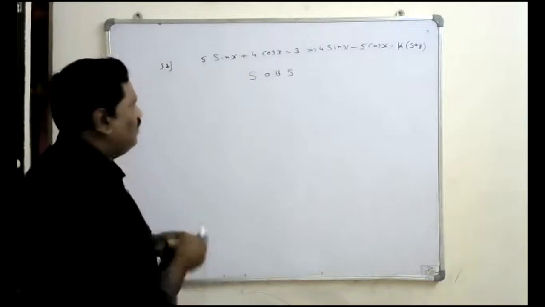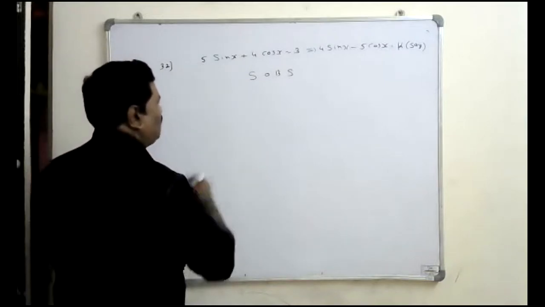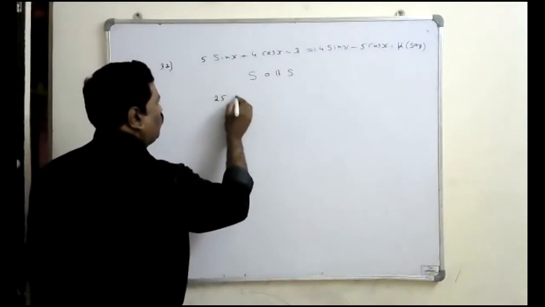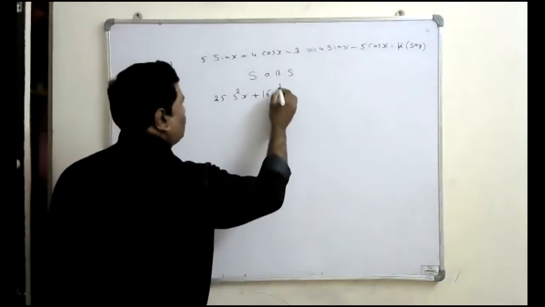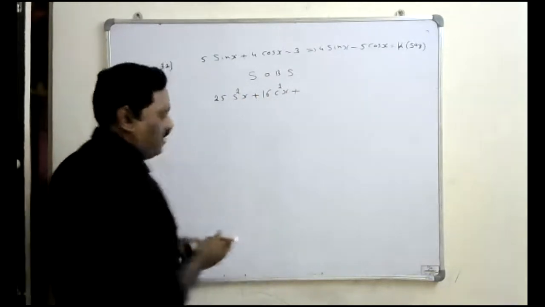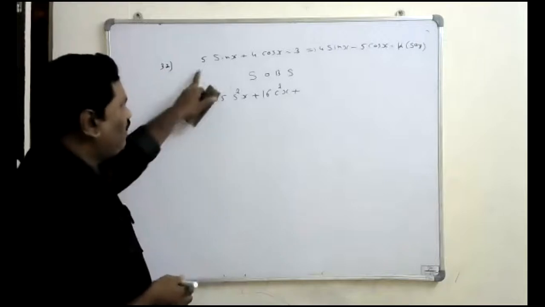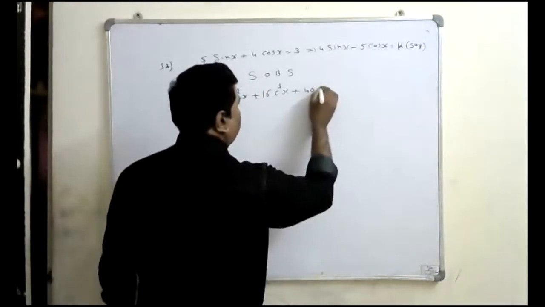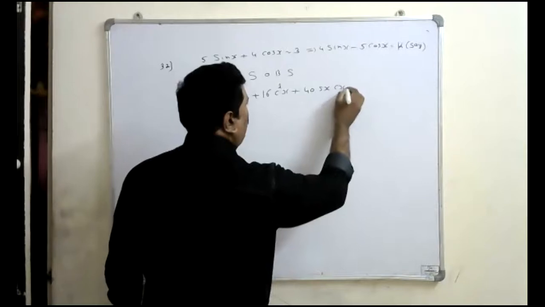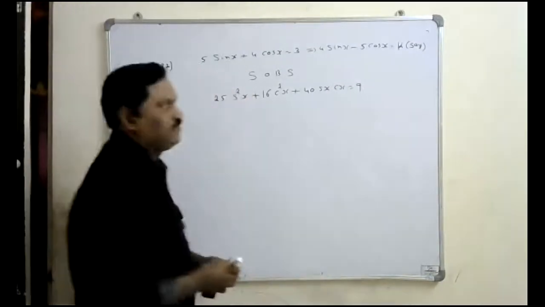If you expand that, a square, that is 25 sin square x plus 16 cos square x plus 2ab, 2 into 5 into 4, that is 40 sin x cos x is equal to 3 square, which is 9.